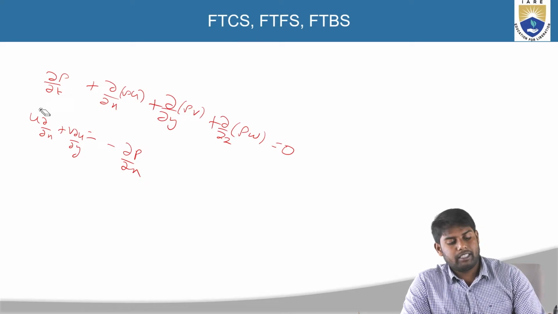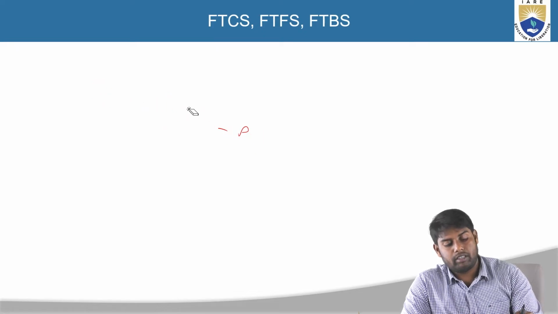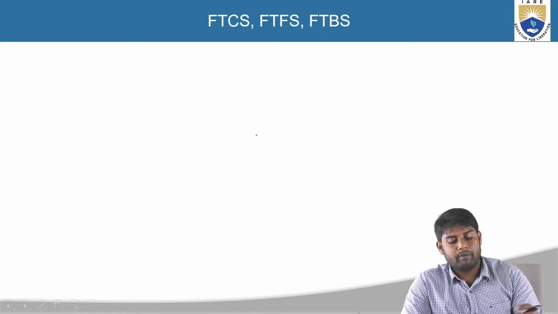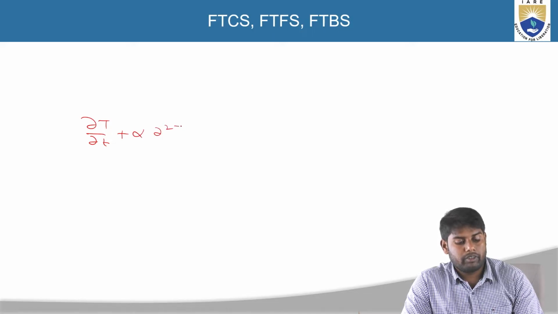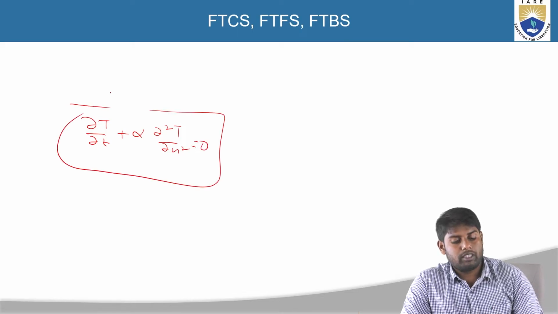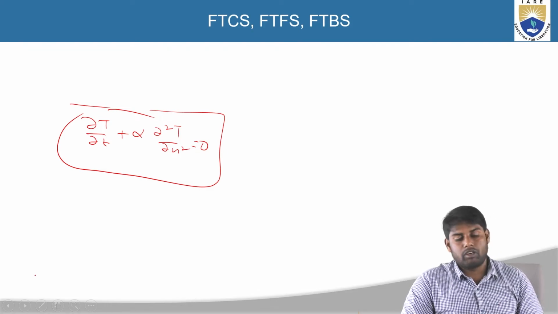So let us consider an unsteady one-dimensional heat equation. Let's say dou T by dou t plus alpha dou square T by dou x square equal to 0. So this is an unsteady diffusion equation.